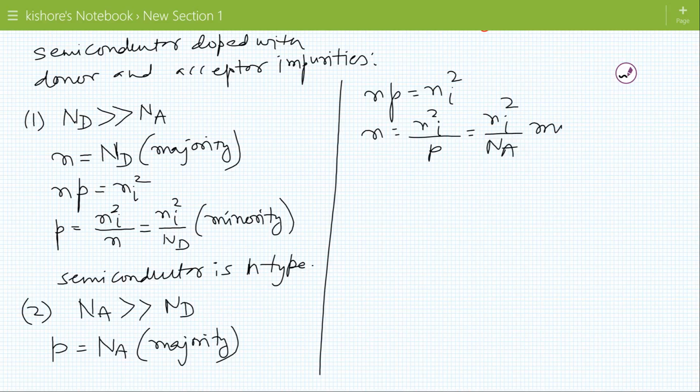Electrons are minority charge carriers. So semiconductor is P type.